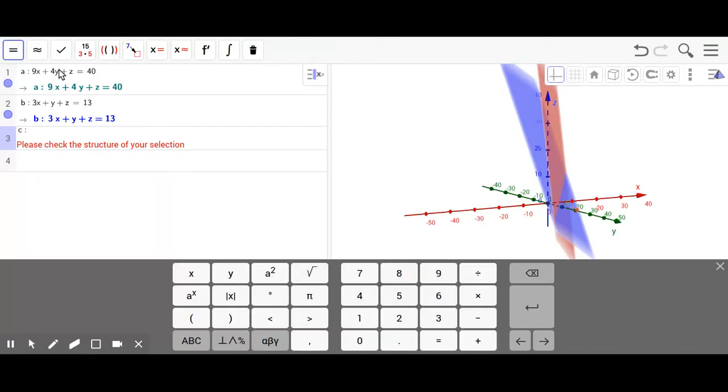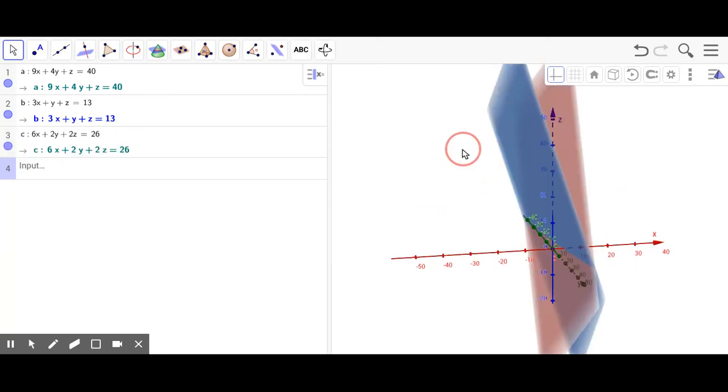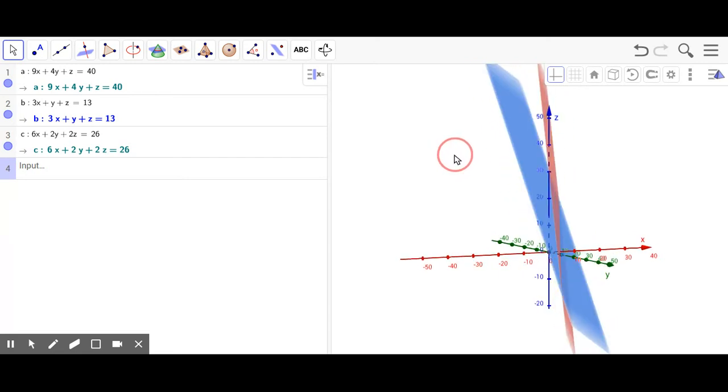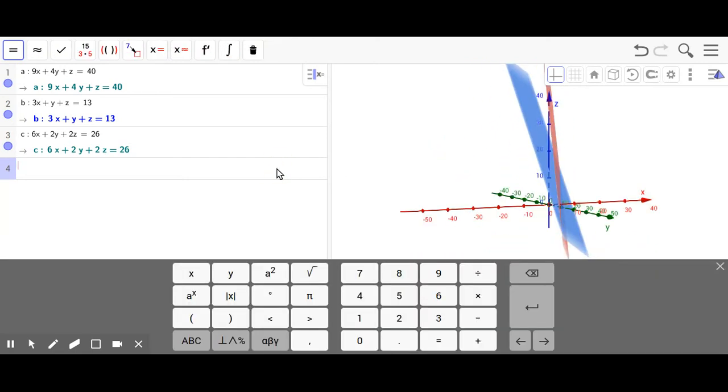Like I say, for my equation C, I've got this equation here, and it doesn't seem to have changed the graph at all. Now that is what we expect, because we expect them to be identical.